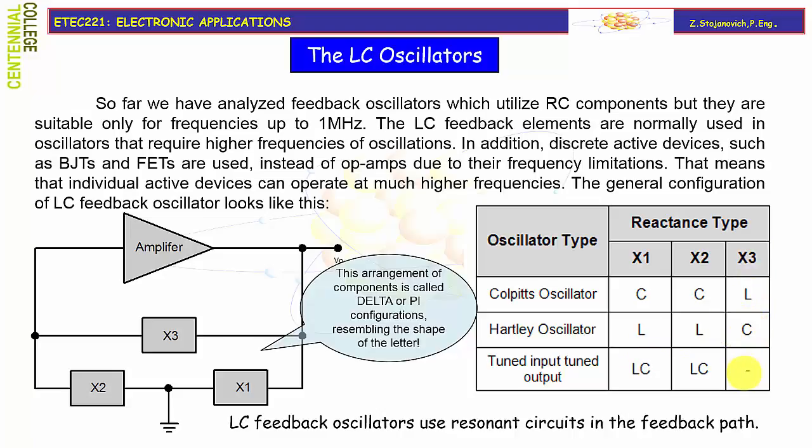If we don't have X3 at all, but X1 and X2 are LC components in both cases, we call that tuned input, tuned output amplifier. All LC feedback oscillators use resonant circuits in the feedback path.